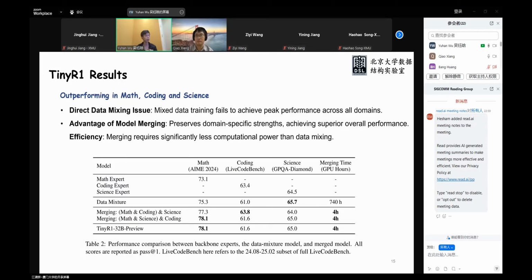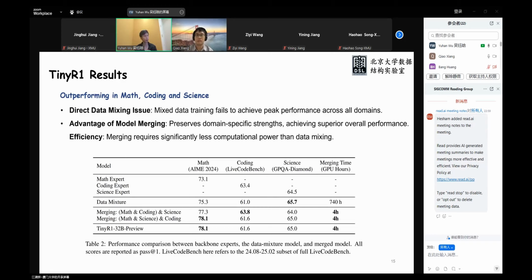But we found that model merging has a very good performance and it's fast, because you just need 4 GPU hours to merge the model, while data mixture needs to train all the data again together.